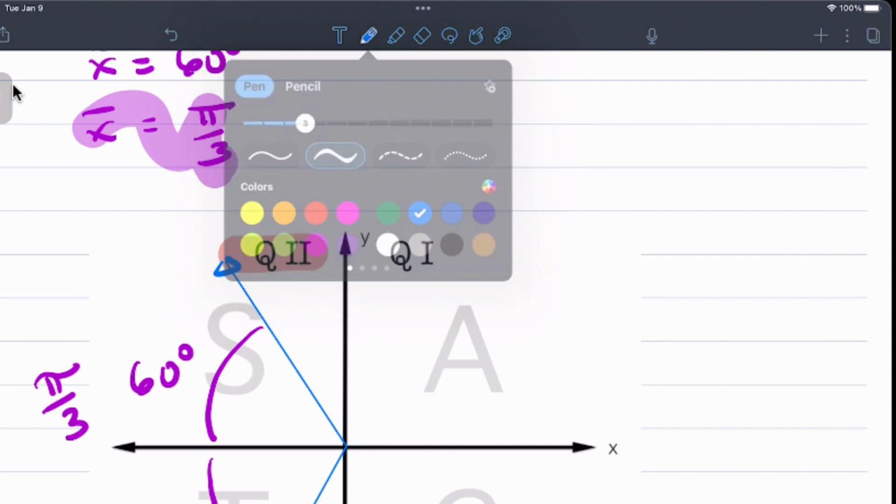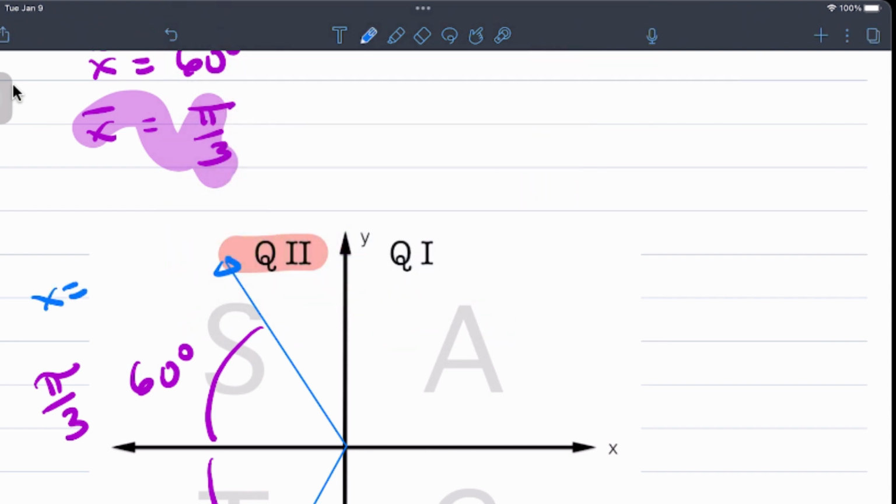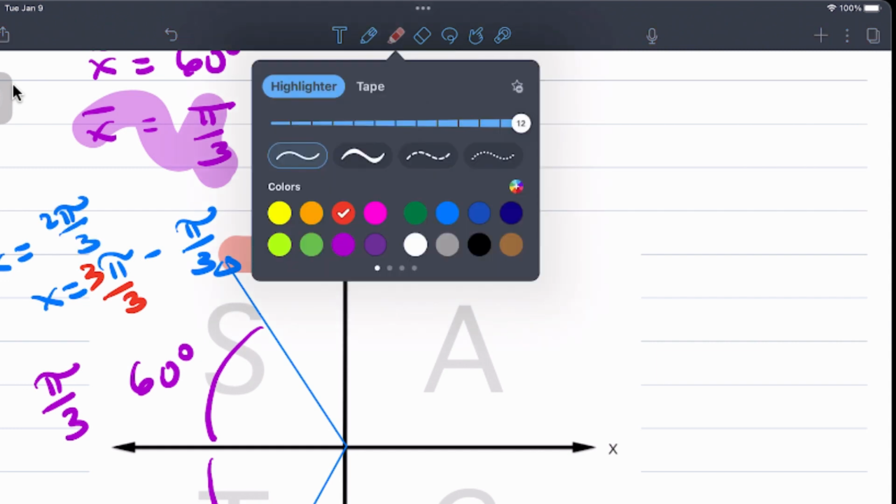So let's find this angle. Isn't this going to be pi minus pi over 3? Is that true? So do your arithmetic, 3 over 3. So that means this angle here will be really 2 pi over 3.